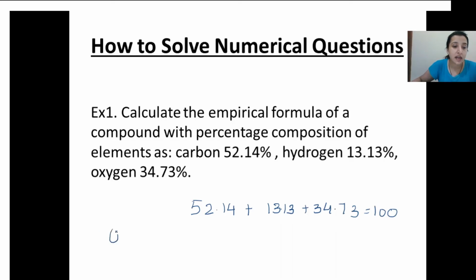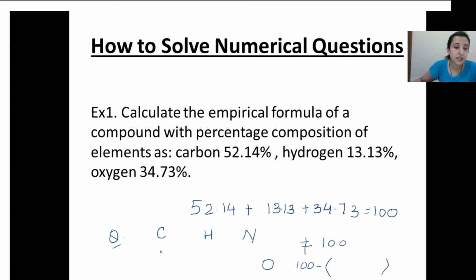But in some numericals, if there are only 2 elements or 3 elements and their percentages sum is not equal to 100, that means we have to automatically include a 4th element, oxygen. And how do we calculate its percentage? 100 minus.